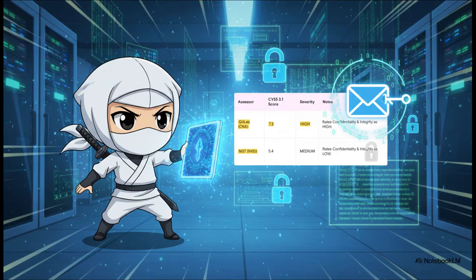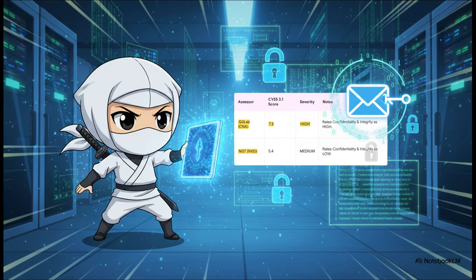Now pay close attention to the scoring discrepancy here because it's important. We have 2 different assessments. NIST's NVD scored this a 5.4, a medium severity. But GitLab, the vendor themselves, scored it a 7.3, high severity. So why the difference? It's because GitLab understands the business logic of their own application.